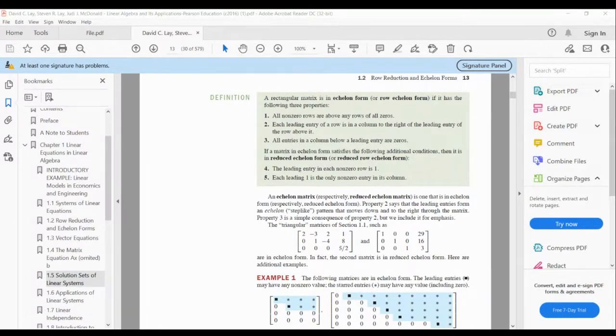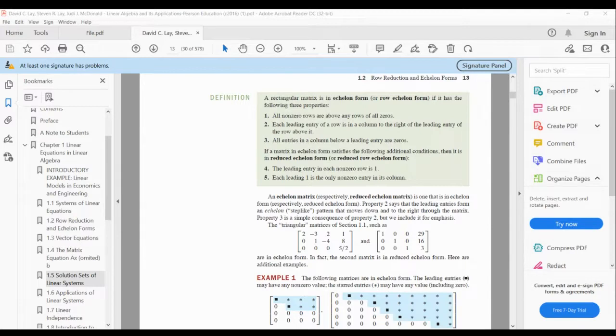they define echelon form and reduced echelon form. So echelon form has the 3 properties that you see listed below. All non-zero rows are above any rows of all zeros.